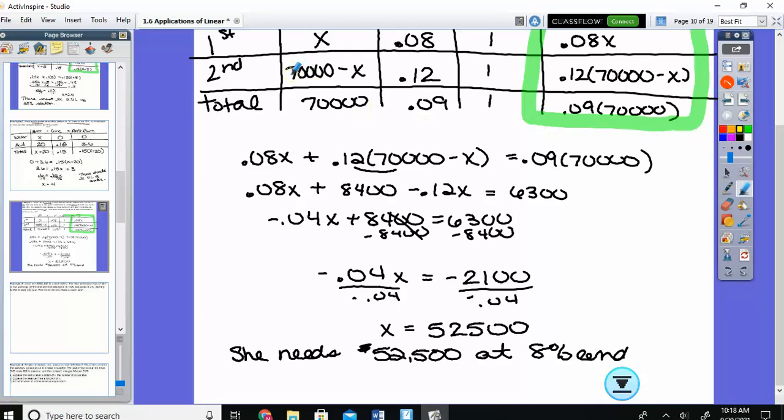To get the second amount, my 12% is 70,000 minus X. So 70,000 minus that, 17,500.